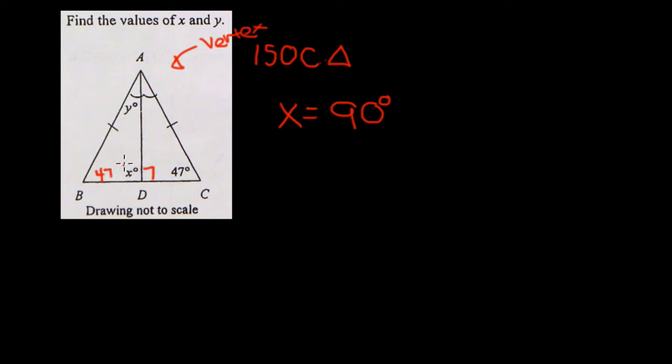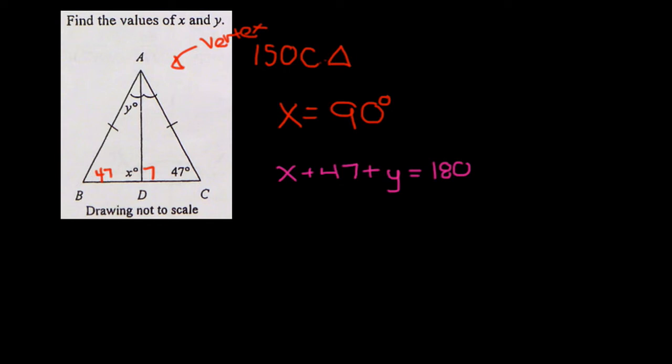And once we know this is 47 degrees, we can use the triangle sum theorem, that these angles inside of the triangle add up to be what? Yeah, 180. So this is a problem where we add terms together. So x plus 47 plus y equals 180.